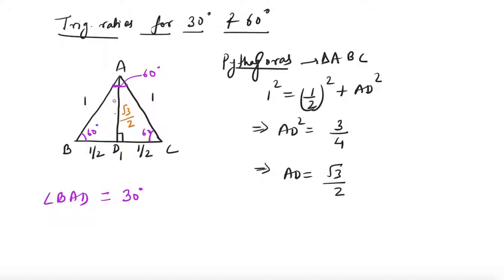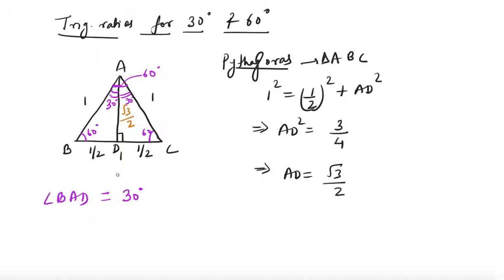Why? Because triangle ABD and triangle ACD are congruent to each other. This side is equal to this side, and this side is also equal to this side, so by SSS congruency both are congruent. Since they are congruent, this angle is equal to this angle. This complete angle was 60 degrees; when divided by 2, this will be 30 degrees and this will be 30 degrees.